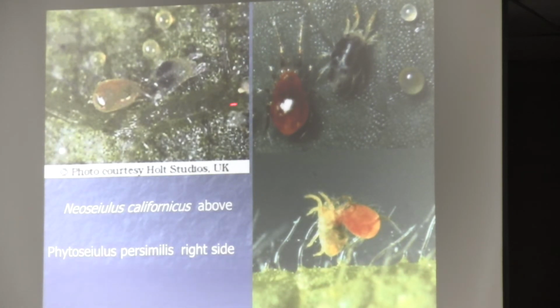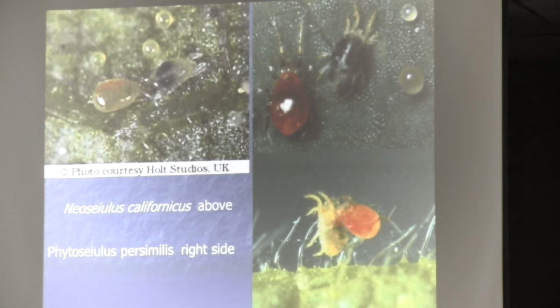So I really like some of these images because it shows what the predator can really do to the bad guys. You've got a two-spotted spider mite here. Here's the predatory mite sticking its mouthpart into the posterior end and basically going to suck the contents out of the two-spotted spider mite. Here, you've got a different species of predatory mite, the red one here. But this one on the left is a two-spotted spider mite.